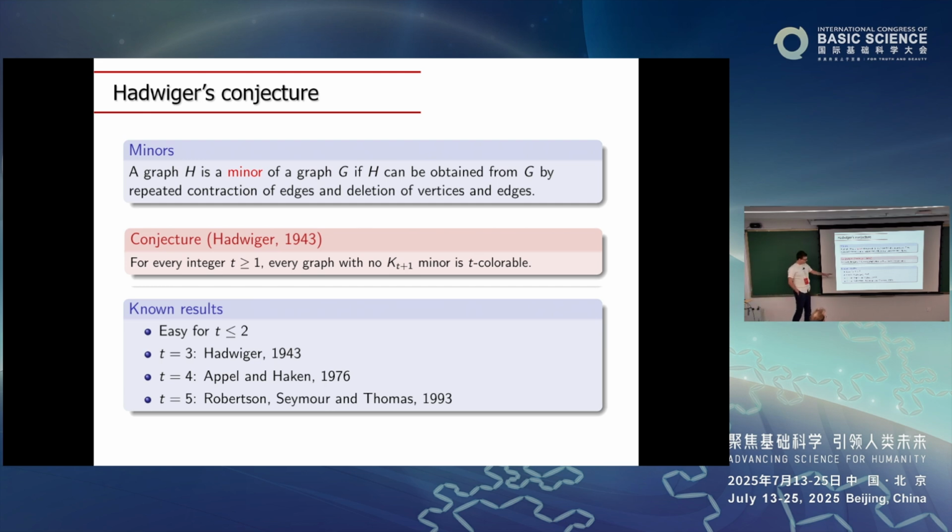So it's a stronger result than the four-color theorem. The proof was long, about 80 difficult pages, and computer-free, but it used the four-color theorem as a black box. And beyond that, it's wide open.